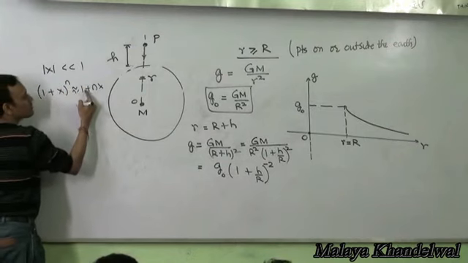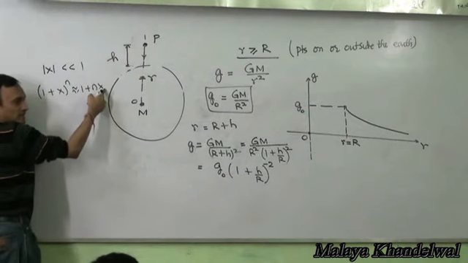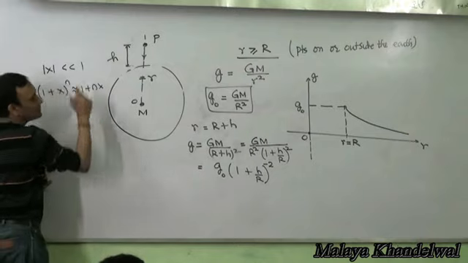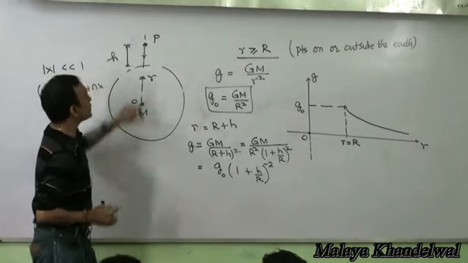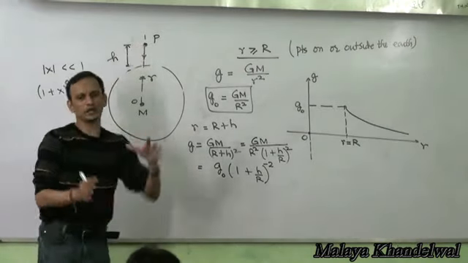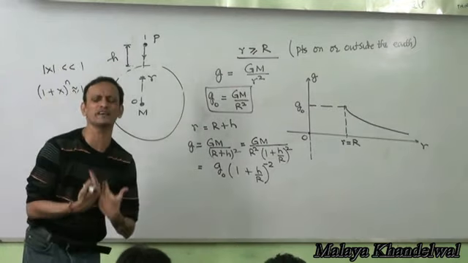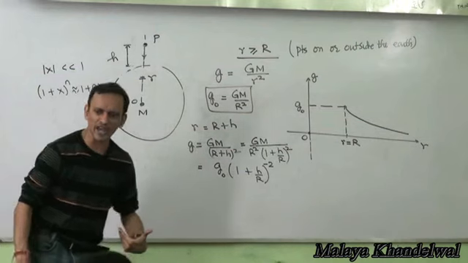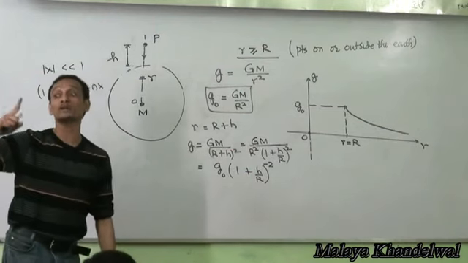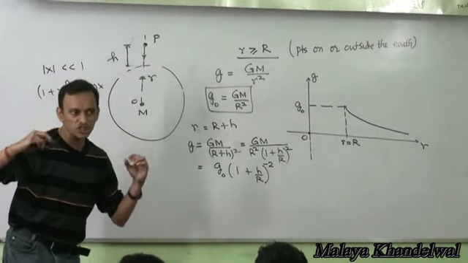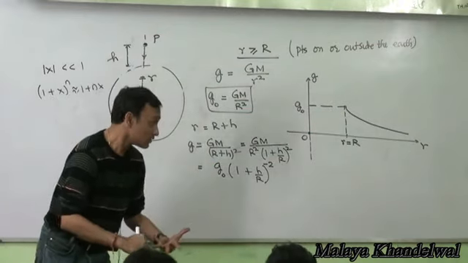Now, the point P could be at a small height above the surface of the earth. When I say small, small or large is only relative, right? When I say h is small, it means small compared to the radius of the earth.